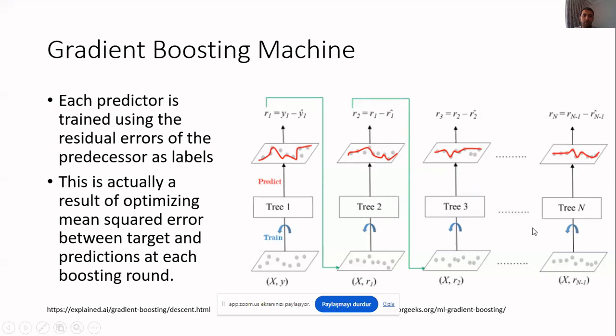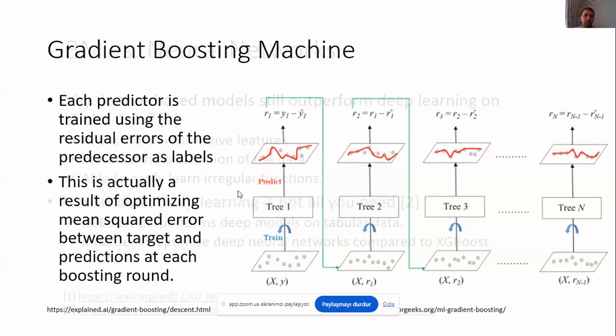So at the end, you get a bunch of decision trees, and you make predictions with the sum of all decision trees. Actually, this residual calculation comes from the derivative of mean squared error. So this is a special case of regression.